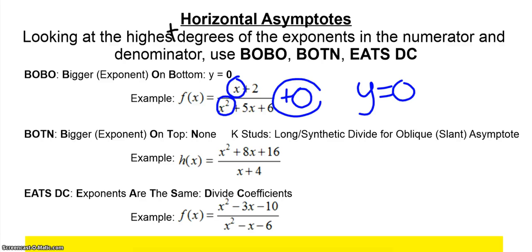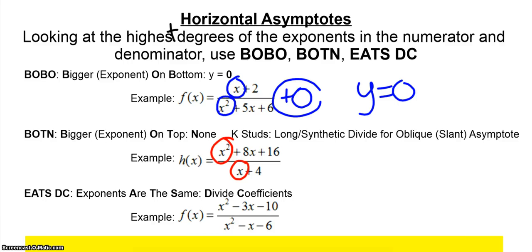Now the next one, Botten: if the bigger exponent is on top, you don't have a horizontal asymptote. They don't exist there. So once again, if we take a look, x squared and x squared is bigger on top. We do not have a horizontal asymptote. What we have is called a slant or oblique asymptote, and we actually use long division to figure out what it is.